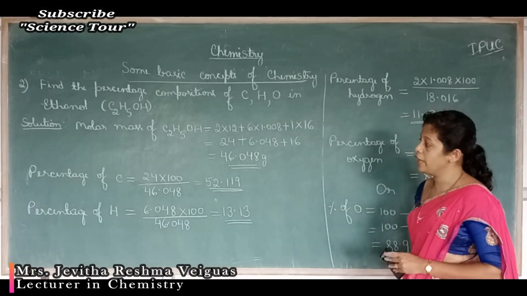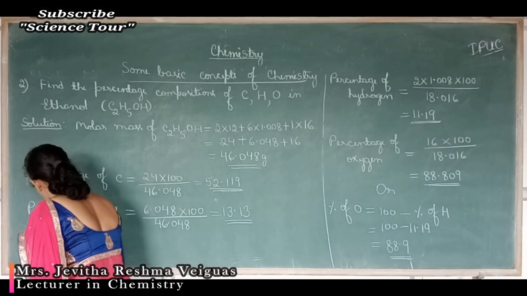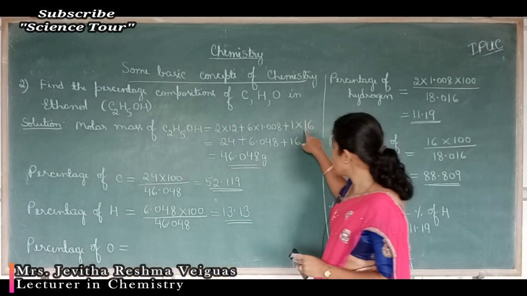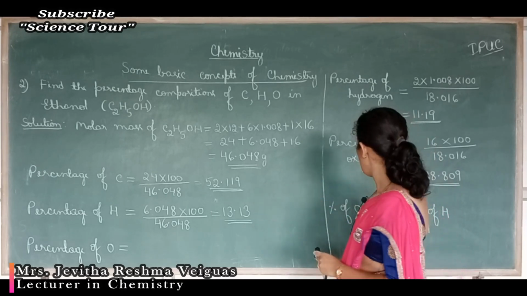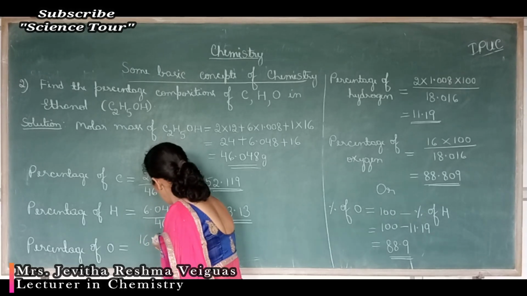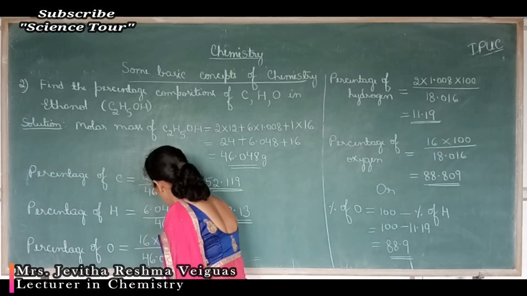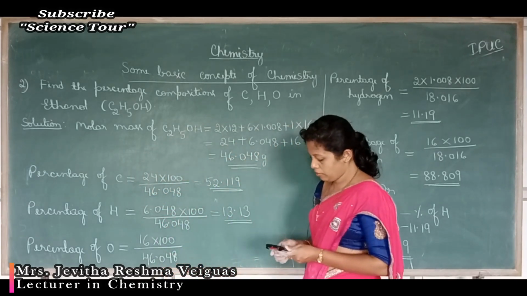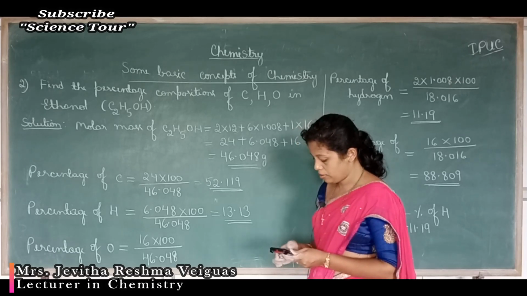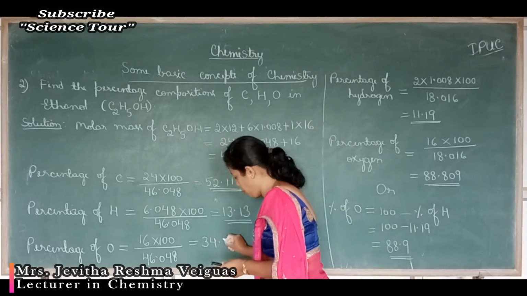This is the percentage of hydrogen. Next, find the percentage of oxygen. How will you calculate? Mass of oxygen divided by the molar mass into 100, that is 16 into 100 divided by 46.048, that is 16 divided by 46.048. Whatever answer you get, multiply that by 100. The answer finally you will get is 34.74.